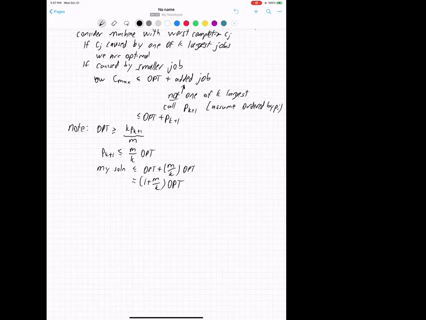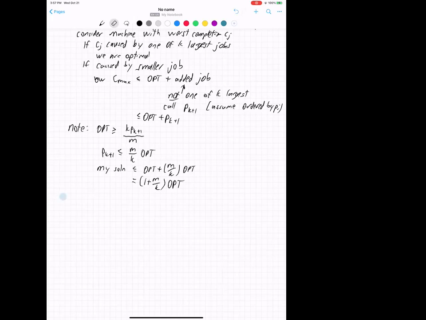Okay. And so what this tells me is that if m is fixed, I can always choose a bigger k and make my approximation algorithm as close as I want, right?